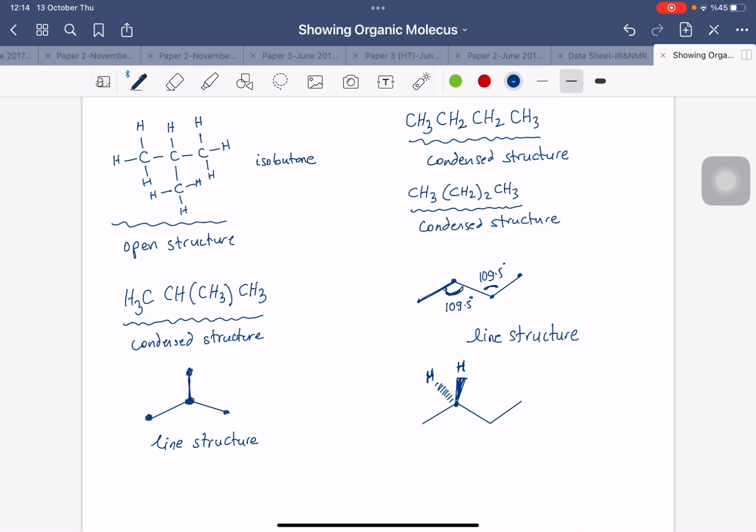If these lines are in the plane of our screen, in this carbon, one of the hydrogens is in the plane, but of the other two hydrogens, one is facing to us, the other hydrogen facing to the back.